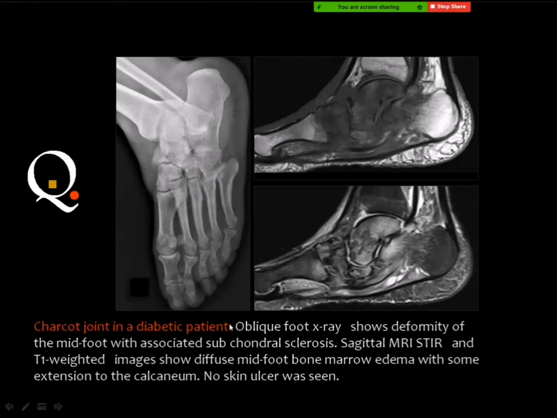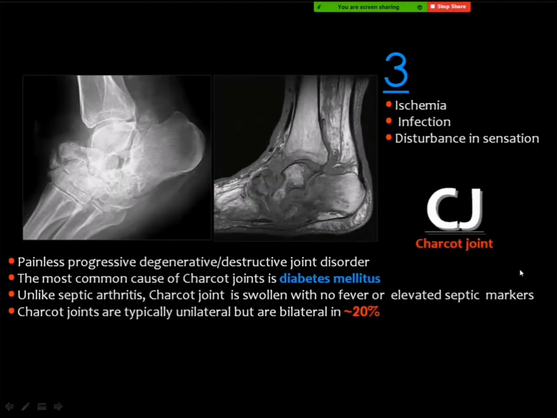Actually, for the diagnosis of Charcot joint, you should have some more destructive changes and disorganization of the joint, but the diabetic foot frequently progresses to Charcot joint. And the Charcot joint is a manifestation of three items: ischemia, infection, and the loss or disturbance of sensation, and is commonly seen in diabetic patients with destructive changes in the affected joint.